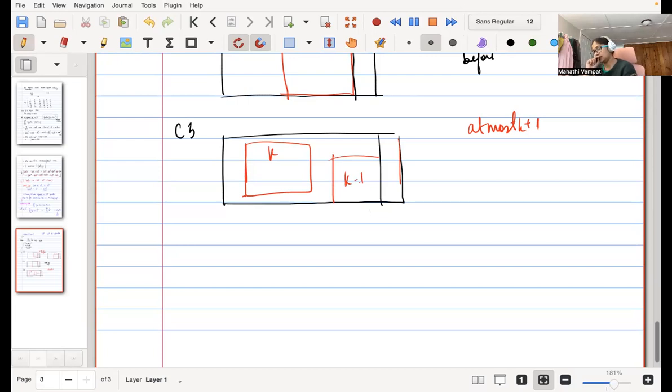The reason being, you need that to ensure that in the next turn you get the rightmost K cross K. I see.